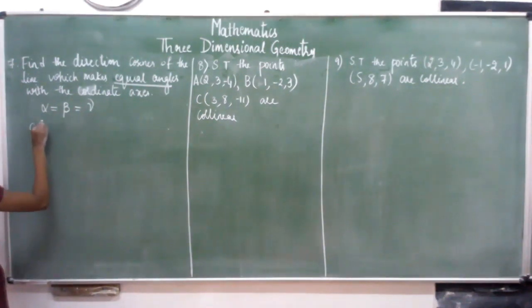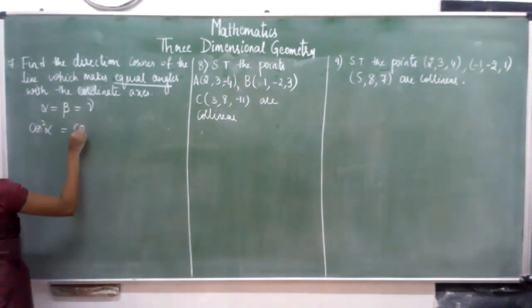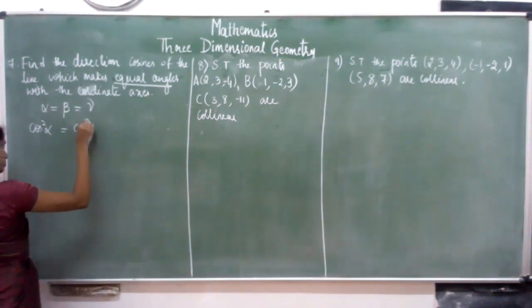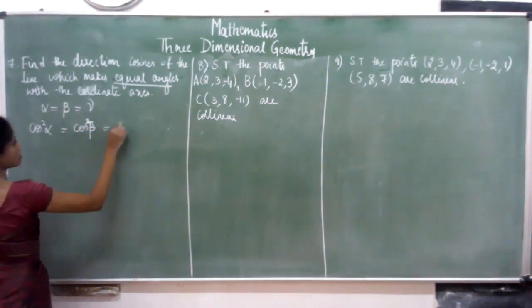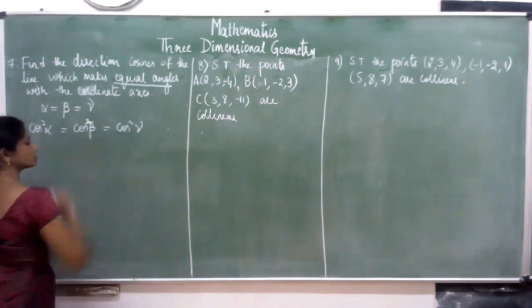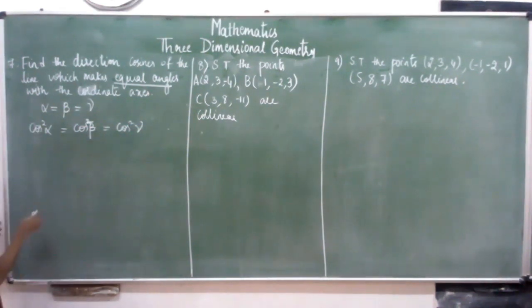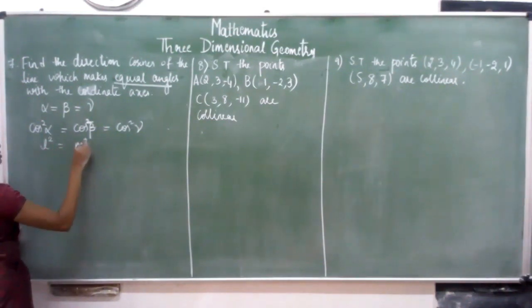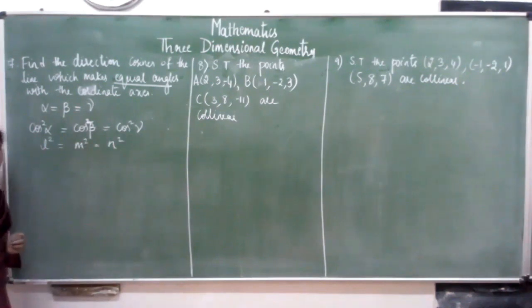So that means cos square alpha is same as cos square beta and cos square gamma. Cos alpha we also call it as L. Therefore, I can write L square is equal to M square is equal to N square, because cos beta we call it as M and cos gamma we call it as N.